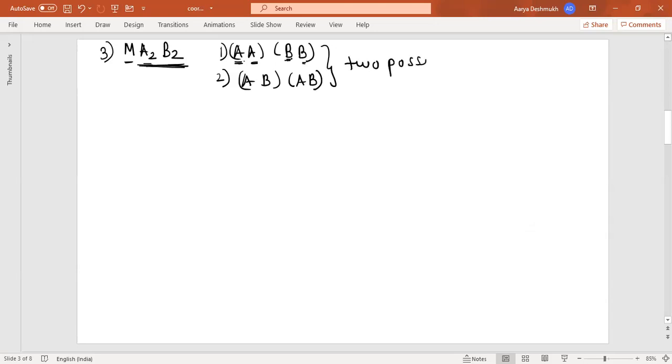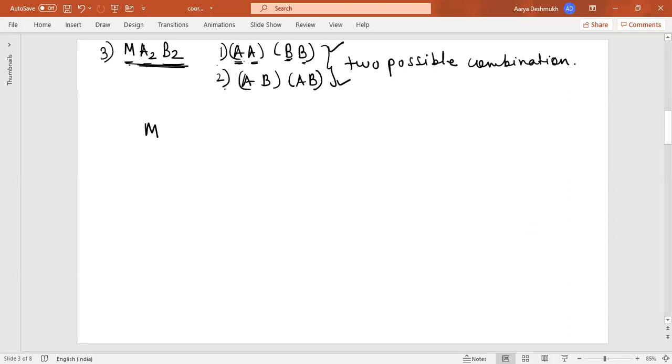By knowing the possible combinations, you can know the number of geometric isomers possible. Now, if you try to draw the structure for this combination and this combination, you can draw this way. If the question is asked, how many geometric isomers are possible in Ma2B2 type of complex? The answer is 2 types.